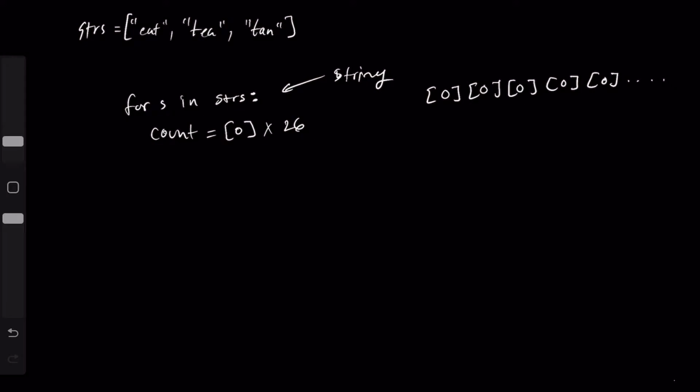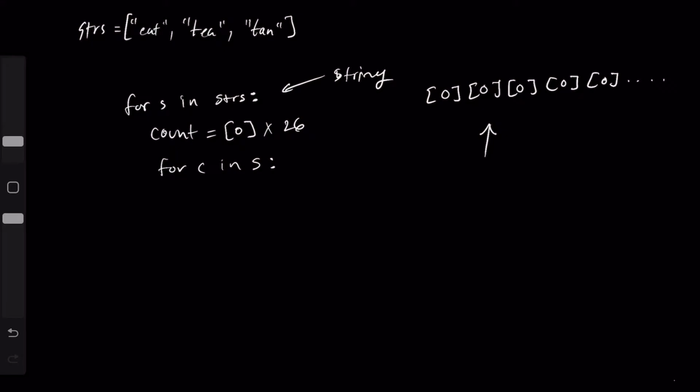Now we want to iterate through each individual character, so for c in the string. C is the character and s is the string we grabbed. So s here would be eat, and c as we iterate would be E, A, and T. The whole point of this for loop is to fill this set of zeros with numbers.